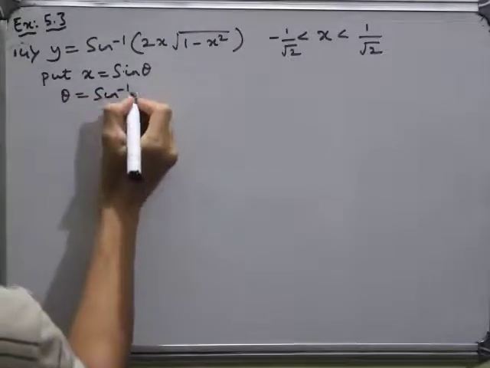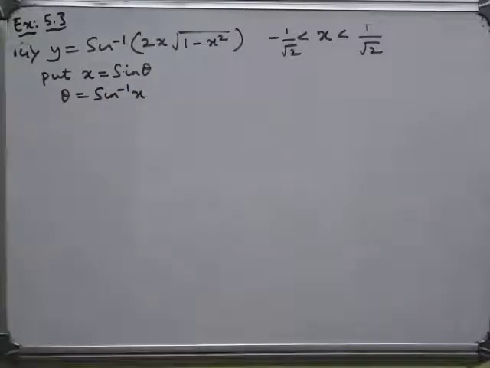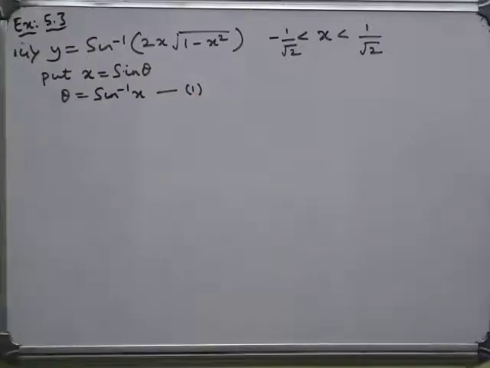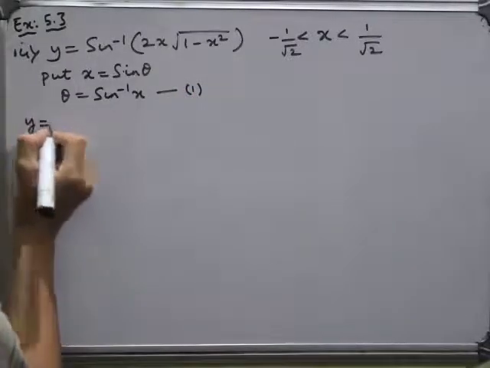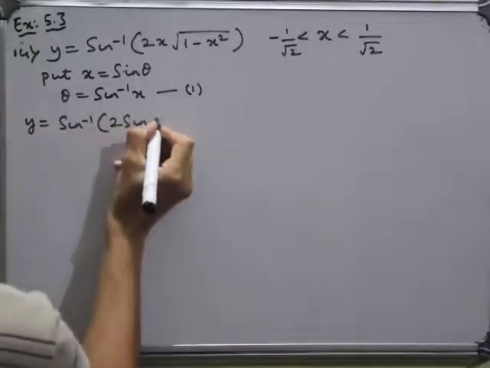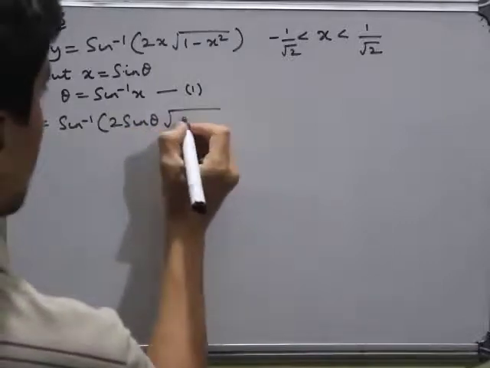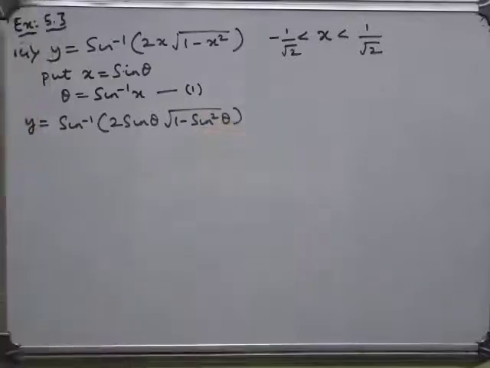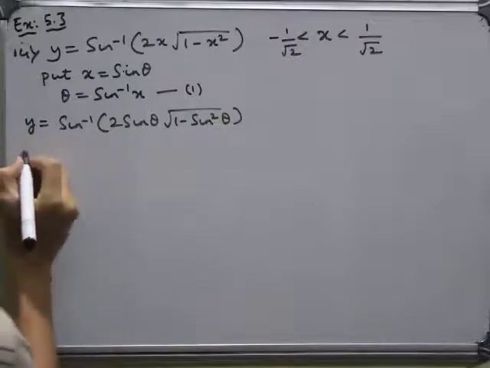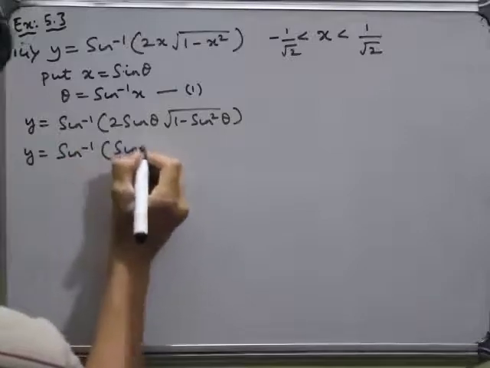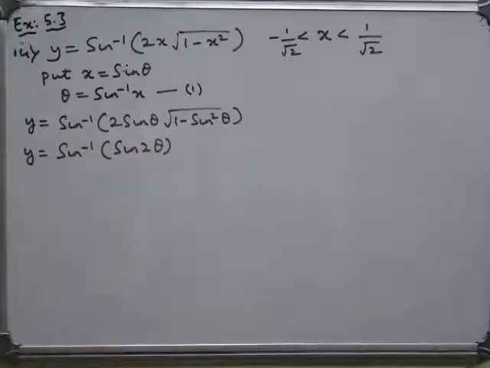Theta is equal to sine inverse x, and let us call it equation number 1. Now substitute the values. Y is equal to sine inverse of 2 sine theta into root of 1 minus sine square theta, which is nothing but y is equal to sine inverse of sine 2 theta.